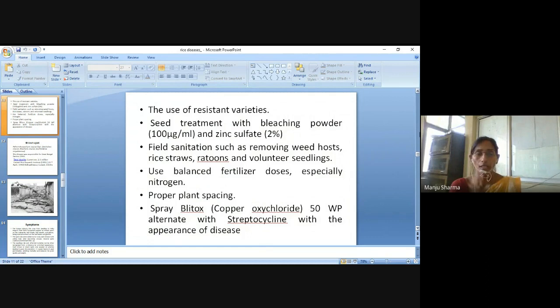Use balanced fertilizer doses, especially nitrogen. Proper plant spacing should be maintained. Then spray Blitox, copper oxychloride 50 percent, alternating with streptocycline on the appearance of disease.